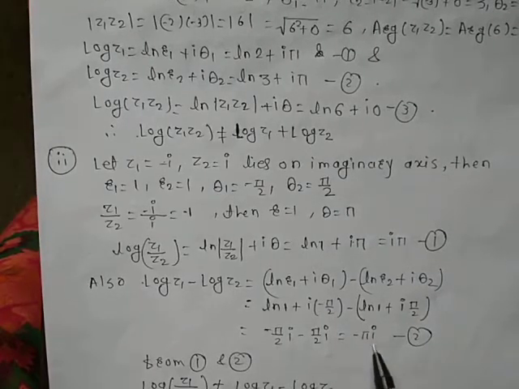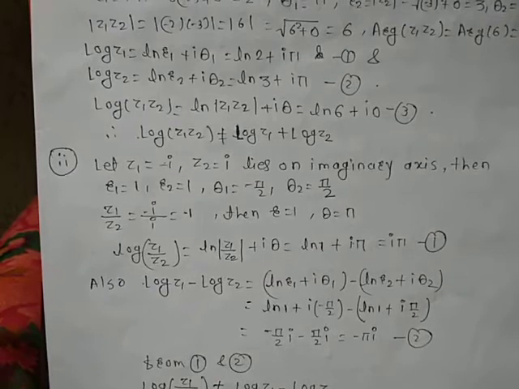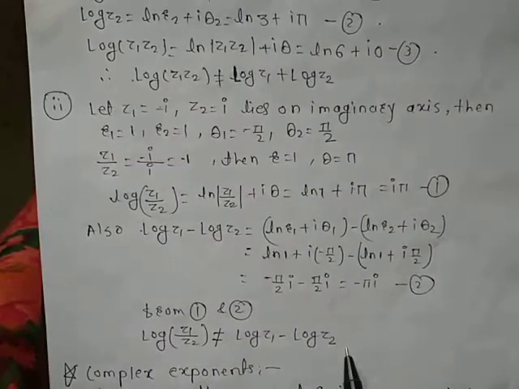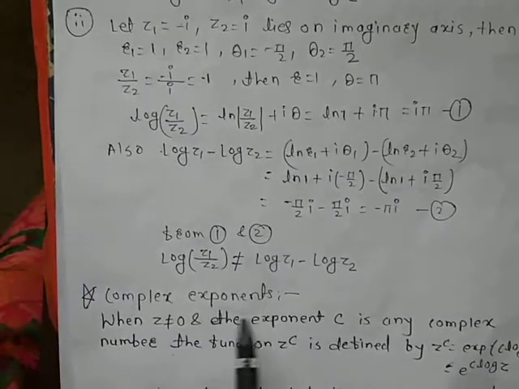This is minus i pi. From 1 and 2 we observe that log of z1 upon z2 is not equal to log of z1 minus log z2.